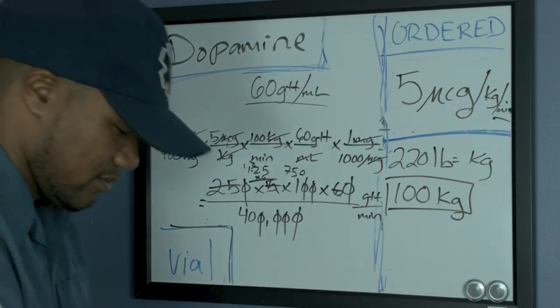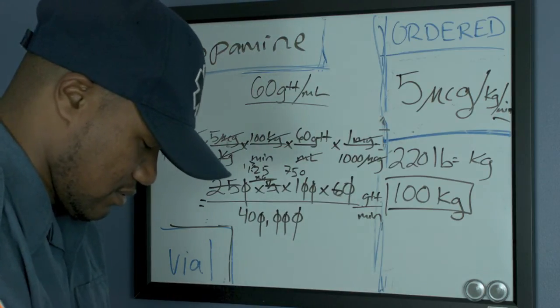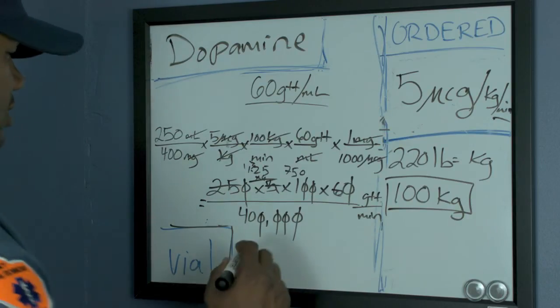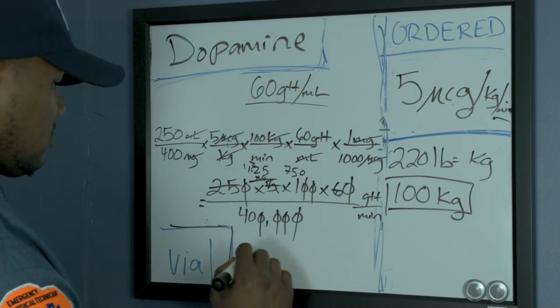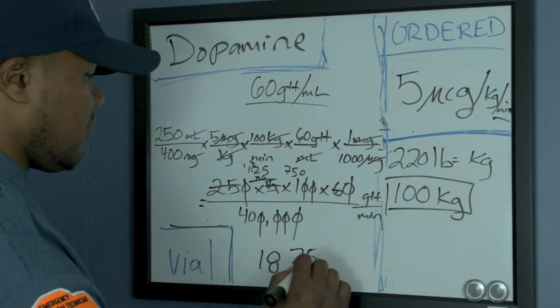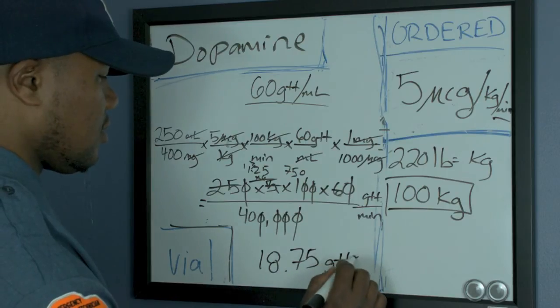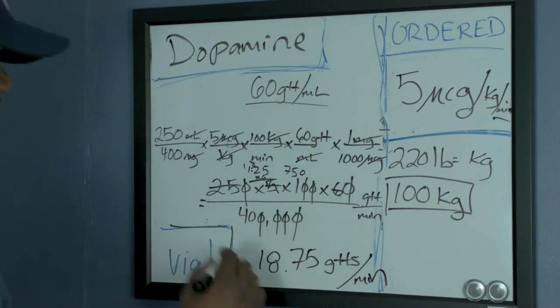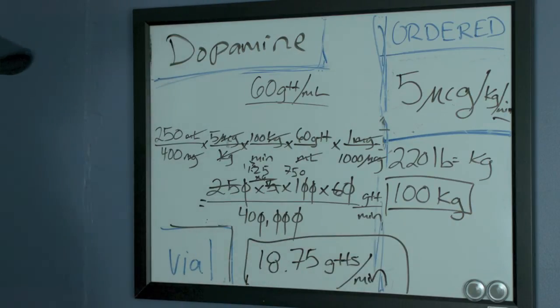Let me use our calculator for this one. Is equal to, let me put it right here, 18.75 drops per minute. And that's your answer.